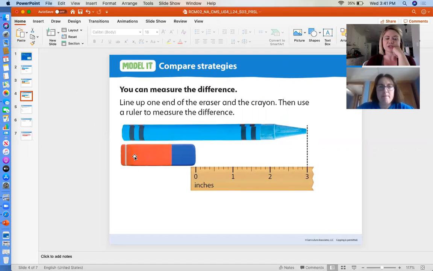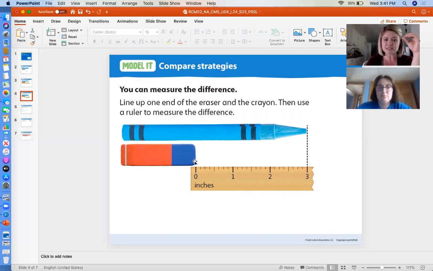Another thing that you can do is you can line up one end of the eraser and the crayon so that they're even right here. And then you can use a ruler to measure the difference. So what you would do is you would line up that first 0 line. And I want you to notice that the 0 line right here is not the same as the edge on the ruler. So you do have to pay attention to that. There's a little extra wood on that ruler that we don't want to include when we measure.